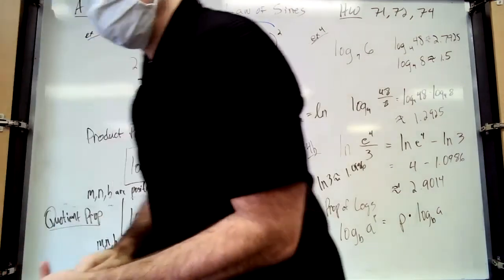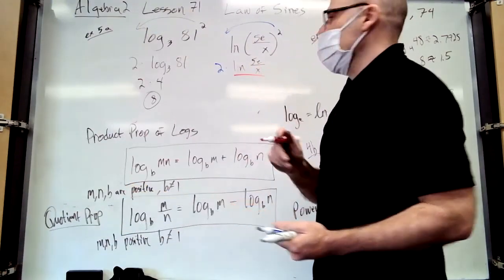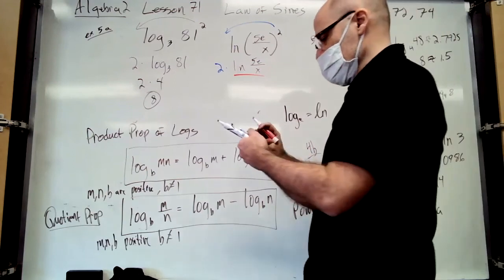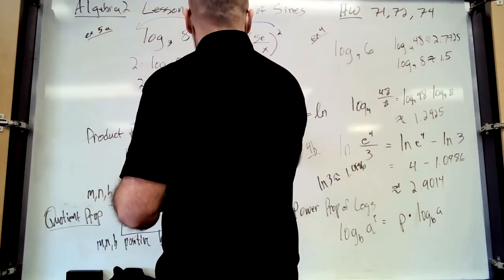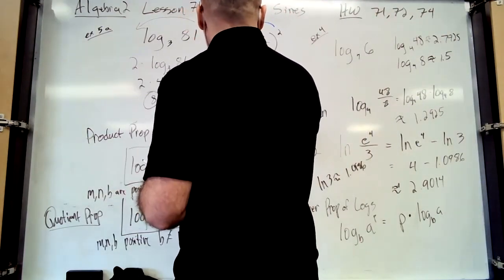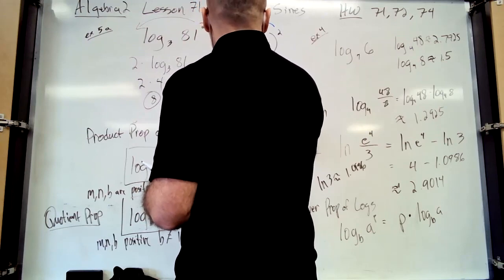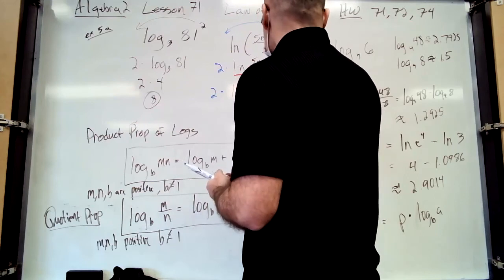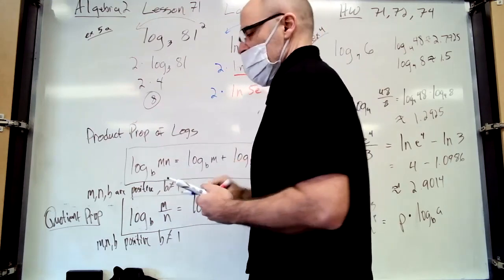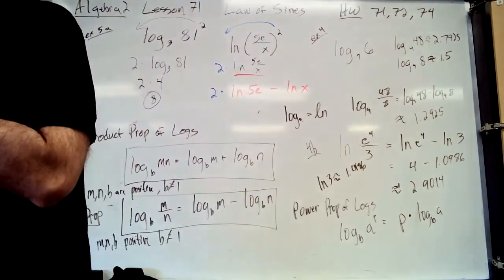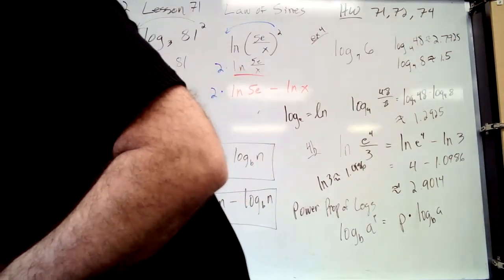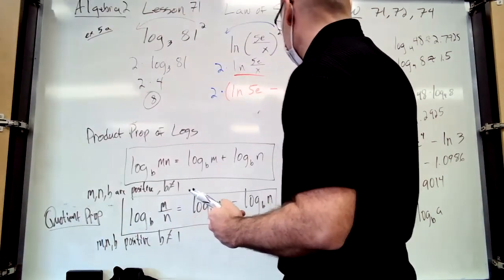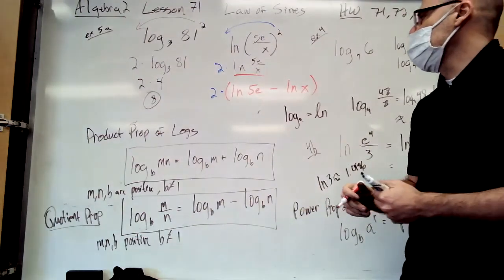This is another operation. How do you deal with a quotient? Well, then it's just 2 times natural log of 5e minus natural log of x, right? So far, so good. Okay, but that's all multiplied by 2, so don't forget that.